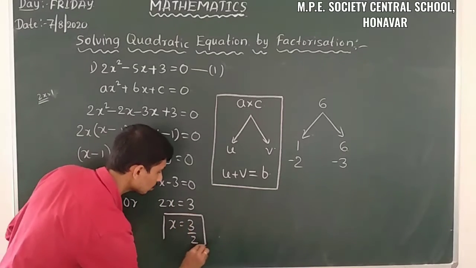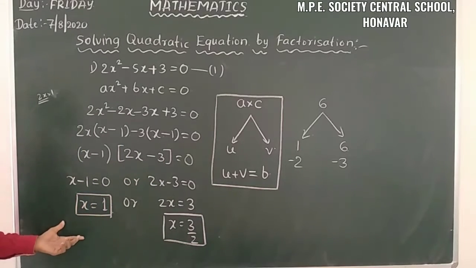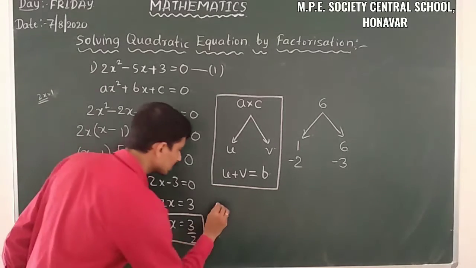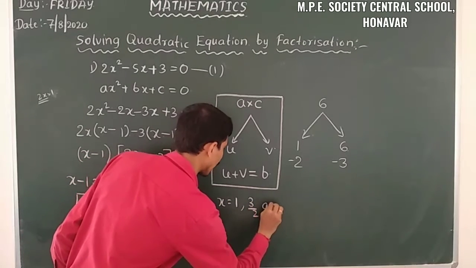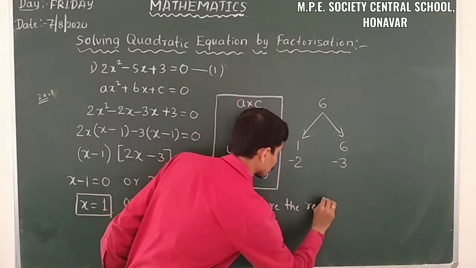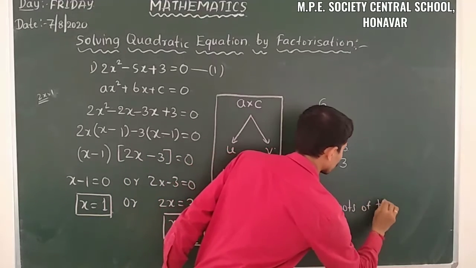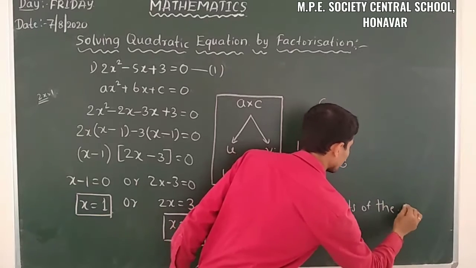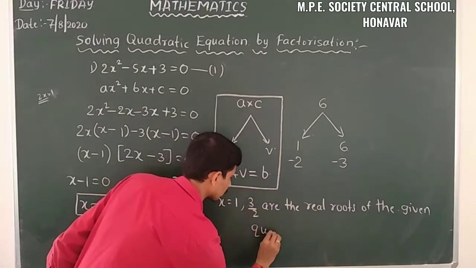That means x is equal to 3 by 2 and x is equal to 1 are the real roots of the given quadratic equation.